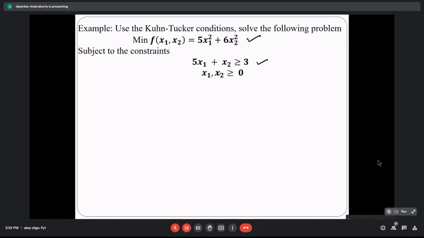So please remember this part. Here all are linear functions, that's why I'm saying in general that as it is a linear function, it is convex or concave, both ways you can take it. But if it is not a linear function, then you have to find out the Hessian matrix to check the nature of the function. Okay?